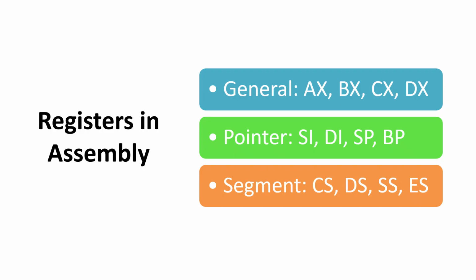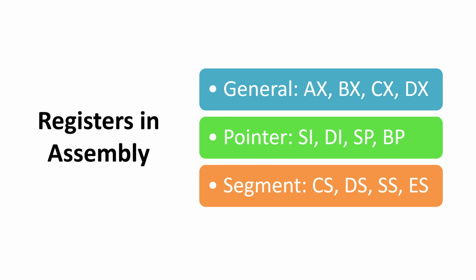In assembly language programming, registers are the CPU's high-speed storage locations. They temporarily hold data and addresses, making program execution faster. Registers are grouped by function. General purpose registers AX, BX, CX, and DX are used for arithmetic, logic, and data transfer tasks.